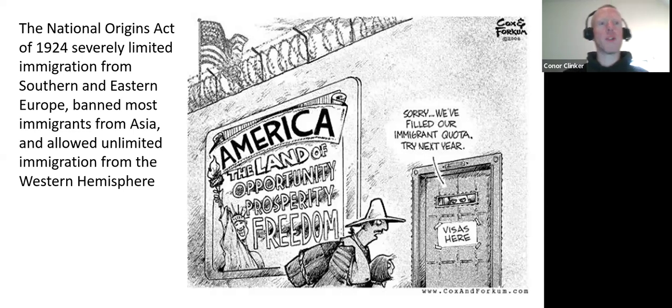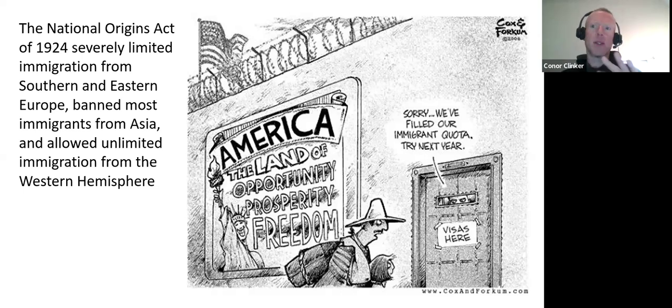So in terms of country of origin, it limited immigration from Southern and Eastern Europe, banned most immigrants from Asia, but it allowed unlimited immigration from the Western Hemisphere, from Central and South America. So there's a few things here. Why would the government ban?